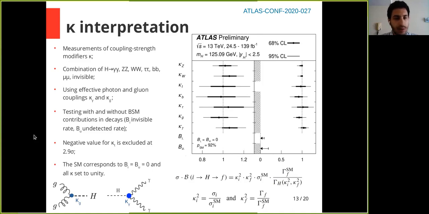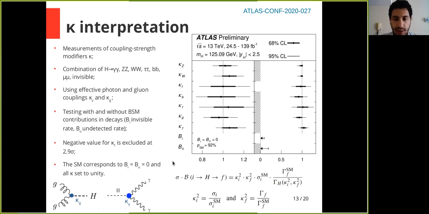Obviously, since the gluon and the photons are massless, the kappa gamma and kappa G refer to these effective couplings where the particle loop involved in the interaction is not resolved.